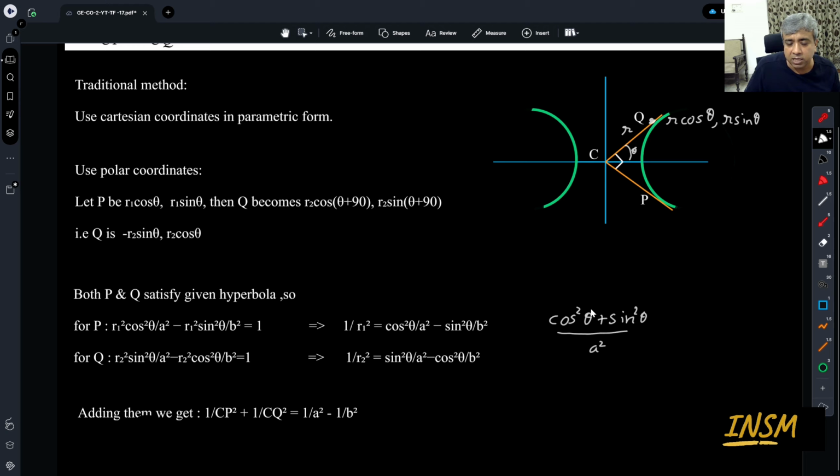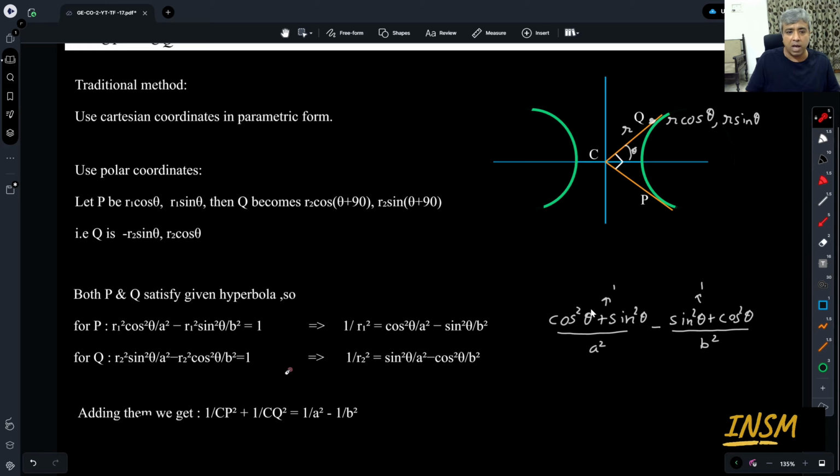And these two terms are negative, so it will be minus sin square theta plus cos square theta, since both are negative and we have taken minus as common, upon b square. So this would become 1 and this would also become 1. So 1 upon CP square plus 1 upon CQ square here comes out to be 1 by a square minus 1 by b square.